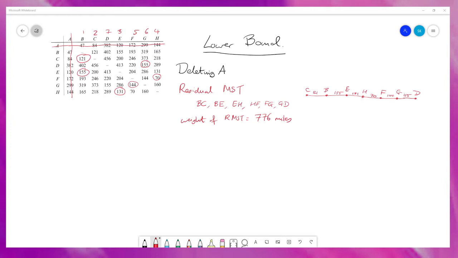So the way we do that is we look at the two shortest arcs from A. So two closest to A, which are AB and AC. AB is length 47, AC length 84. As you can see, I've drawn a diagram and I'm adding these arcs to it.